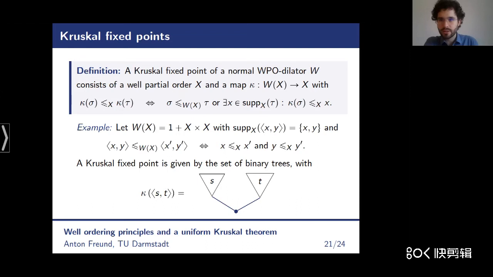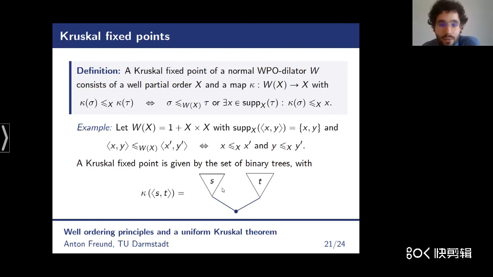This example, the transformation of 1 plus x times x, and you see that this transformation takes a pair of binary trees, and then we get a new binary tree by taking the two given elements of the pair as immediate subtrees of a new root node.